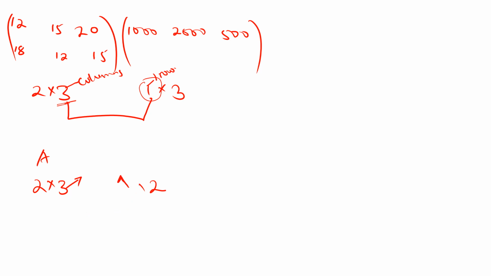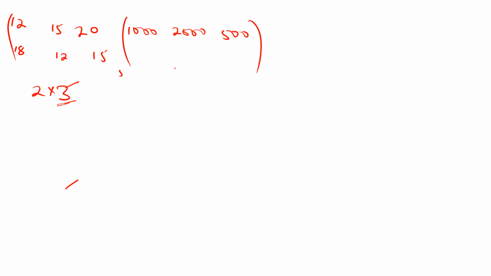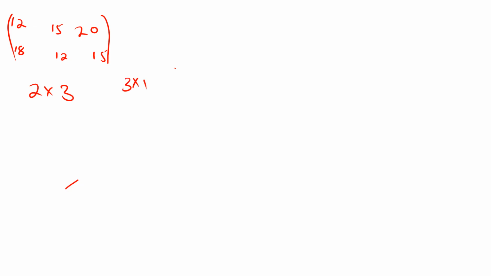So what are we going to do? We are going to arrange it in a good format. Now here, this is a 2 by 3, so it means that this matrix should be 3 by 1. Because here I can have 1000, 2000, and then 500.